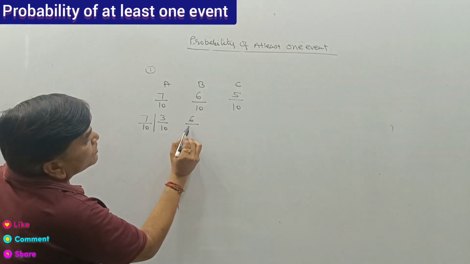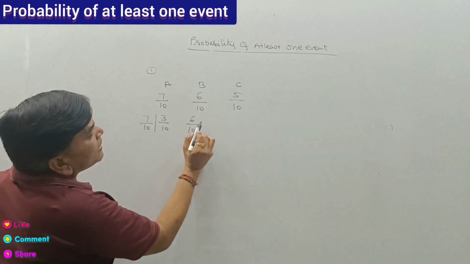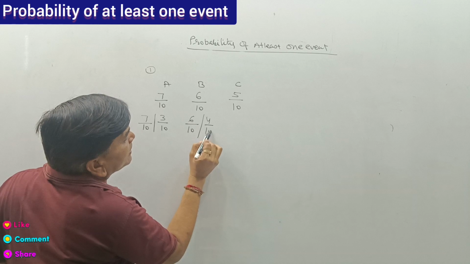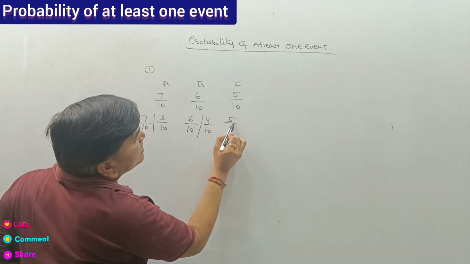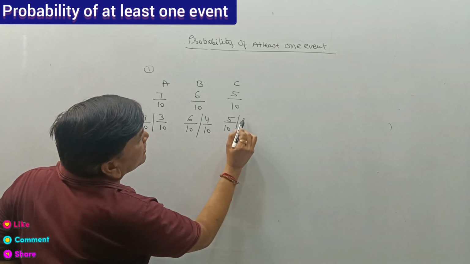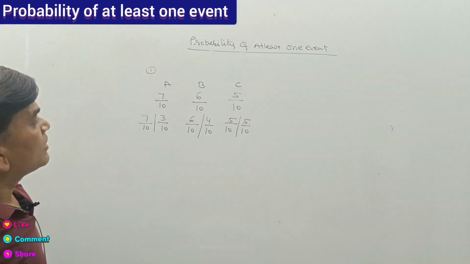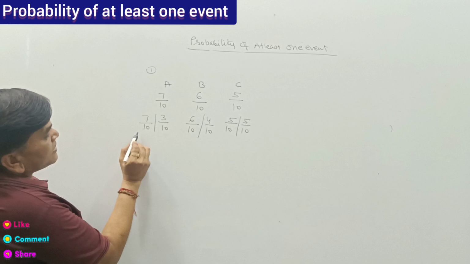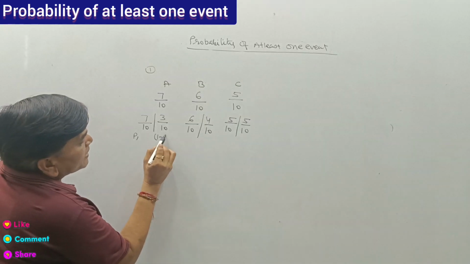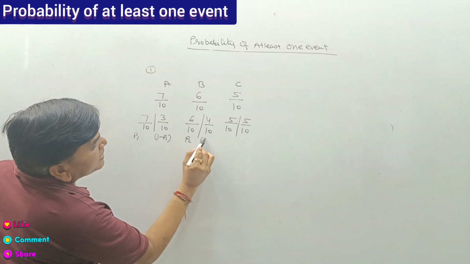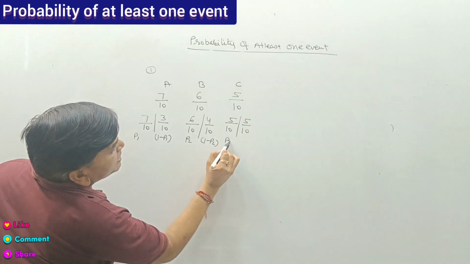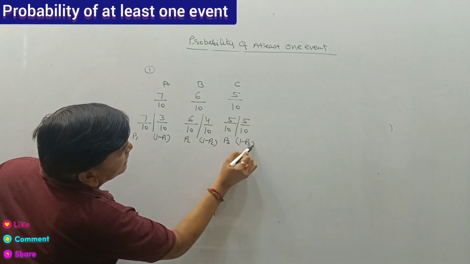The probability of solving by B is 6 upon 10 and not solving is 4 upon 10. The probability of C solving is 5 upon 10 and not solving is 5 upon 10. So this is P1 and this is 1 minus P1; this is P2, this is 1 minus P2; this is P3, this is 1 minus P3.